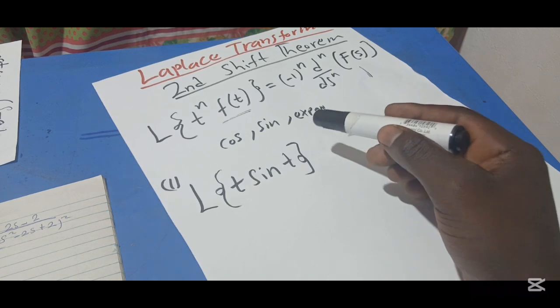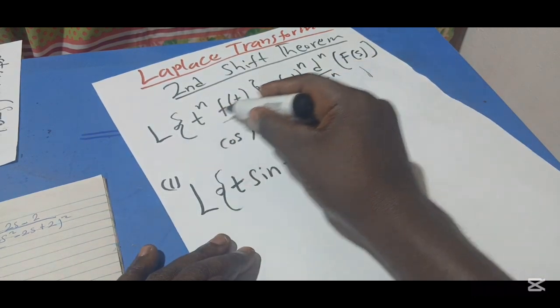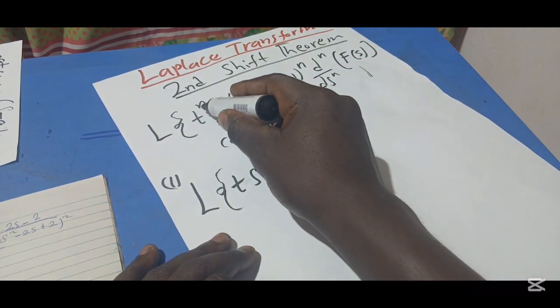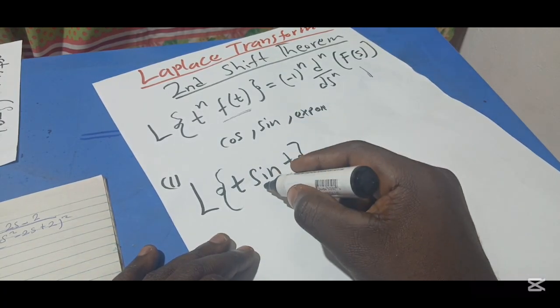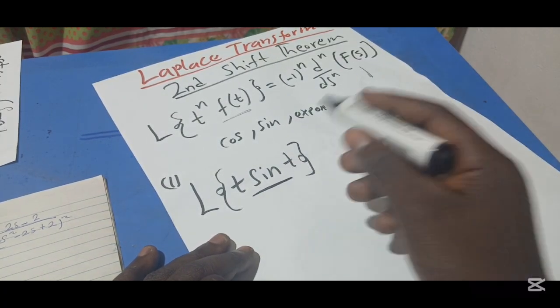Comparing to this formula, this is t to the power n here, and we can spot our n out, and this is our f of t.